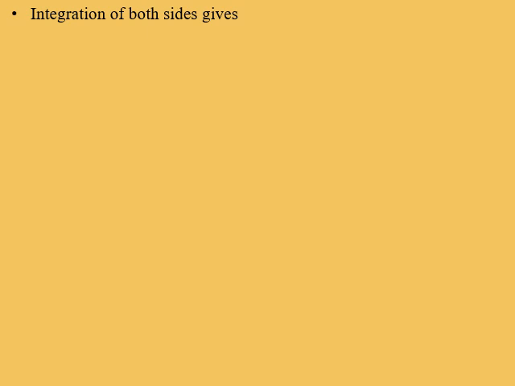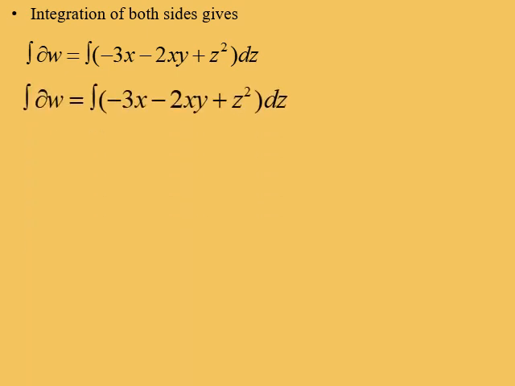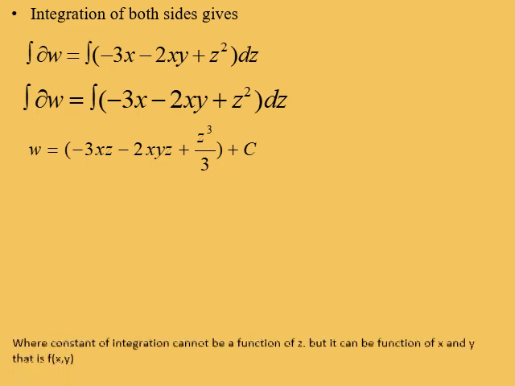Integrating both sides, the integration of ∂w equals the integration of (−3x − 2xy + z²) dz. After integration, w = −3xz − 2xyz + z³/3 + c, where c is the constant of integration.